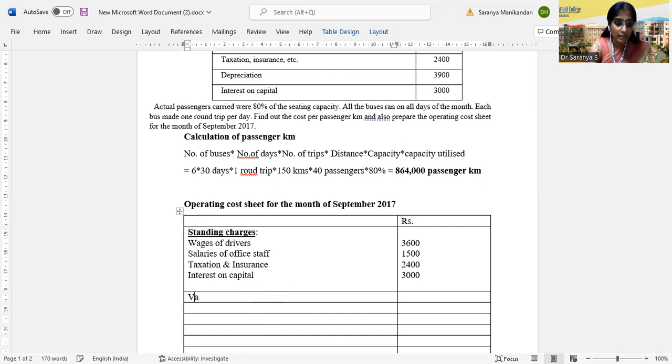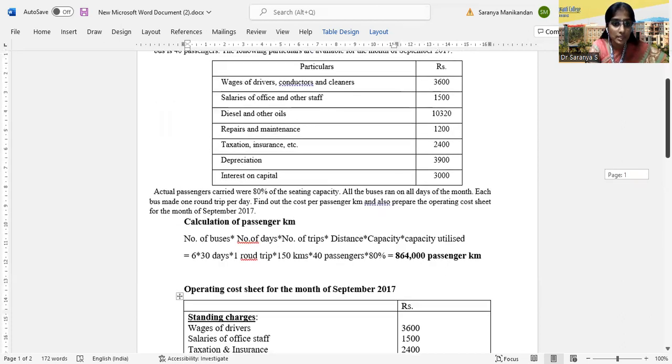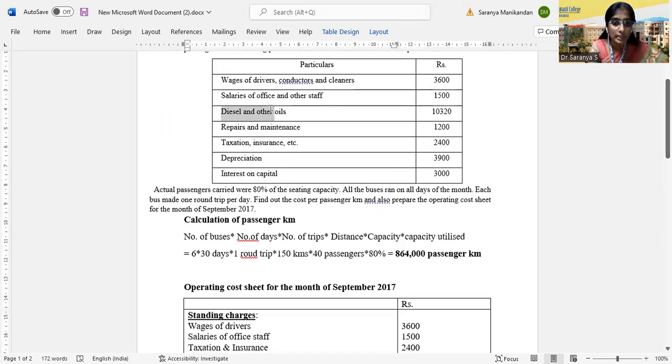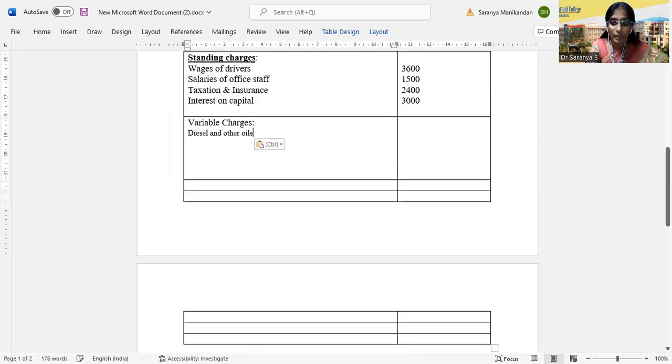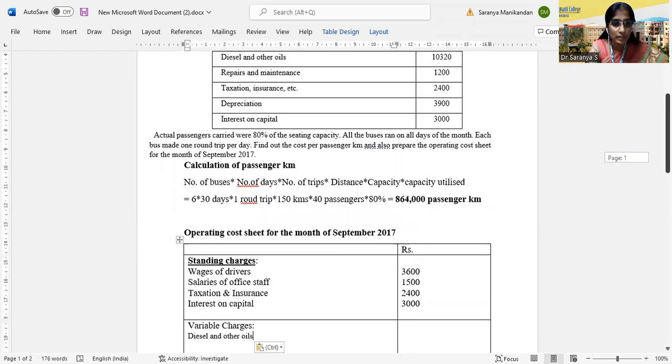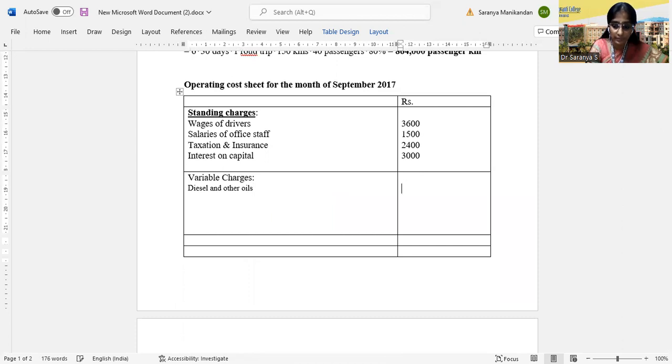Then we have variable charges. Okay, so under variable charges, what all expenses we have? So first item is nothing but diesel and other oils, and that is given as 10,320.